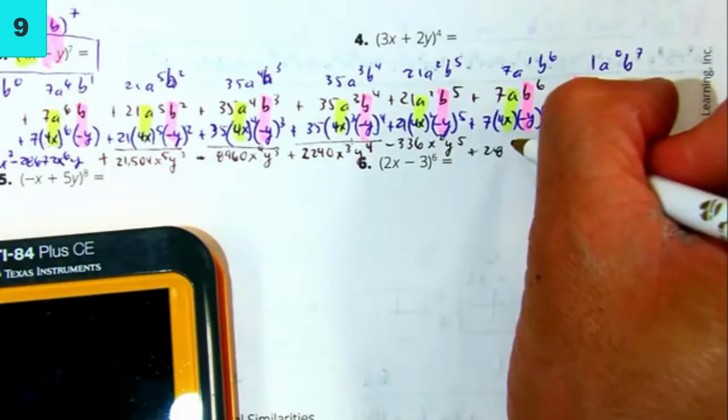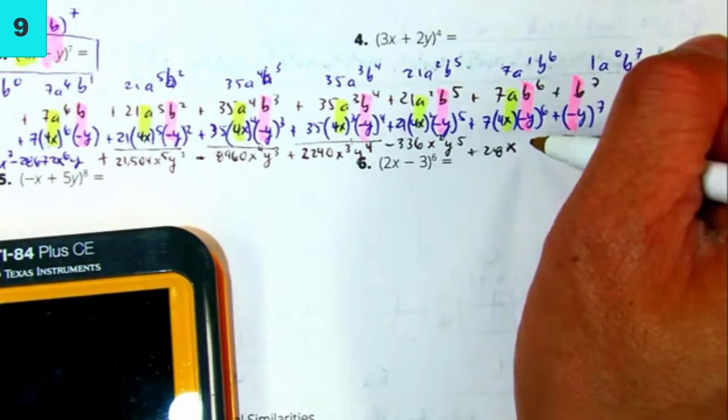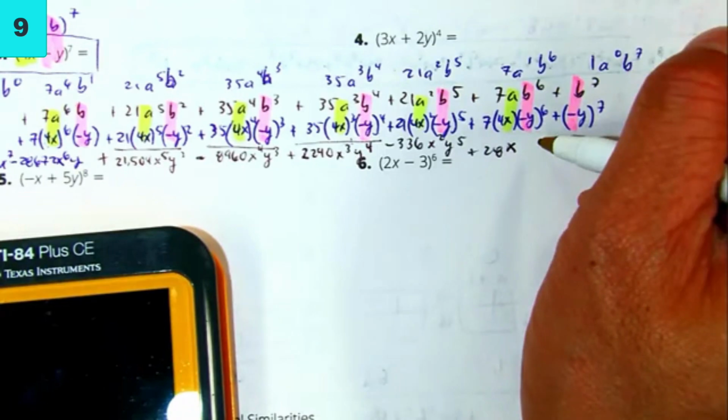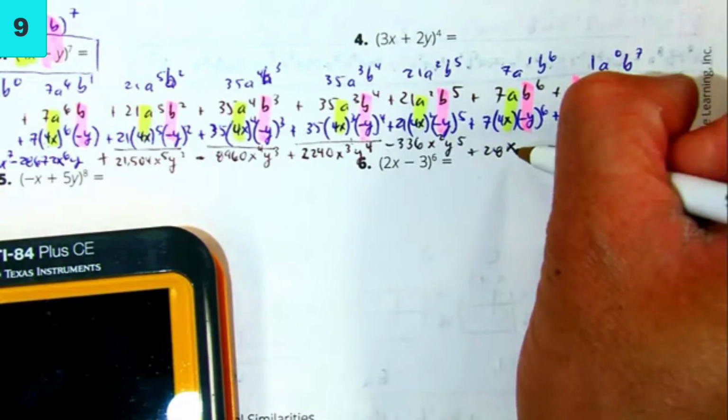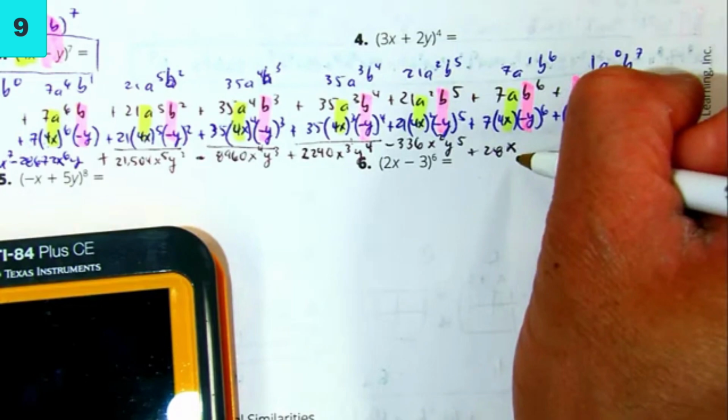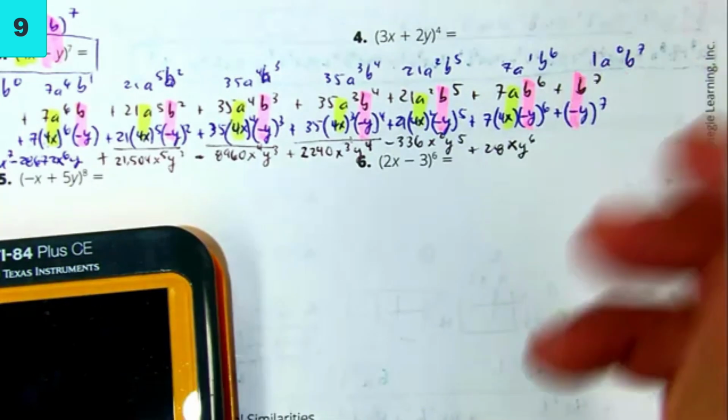X. What's your next variable? Negative y. Remember the negative, that's negative 1 times itself 6 times turns into a positive, and that's why that's positive. So the negative actually goes away.